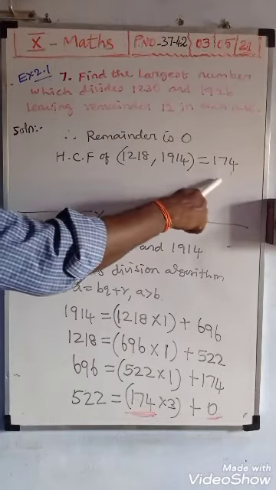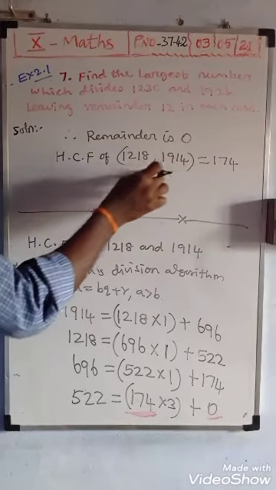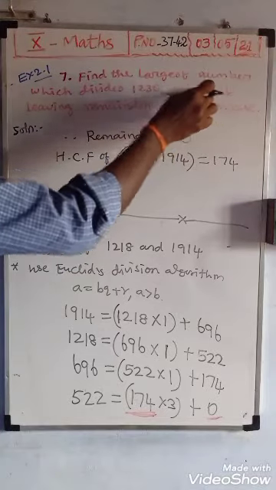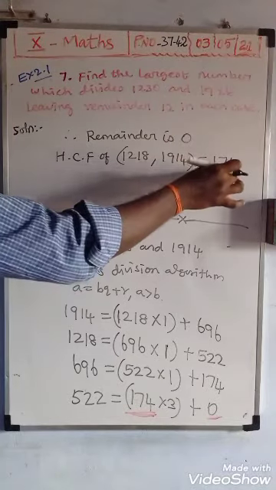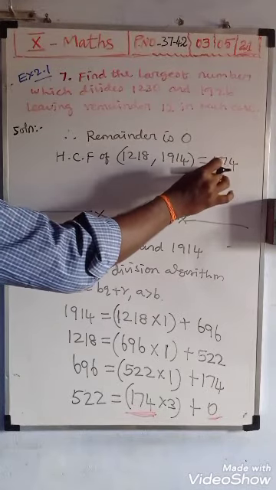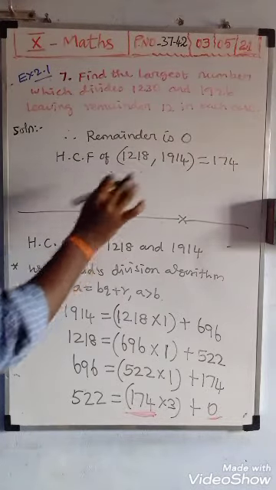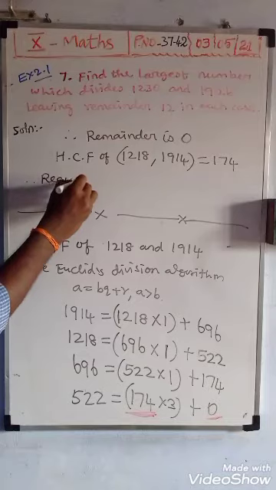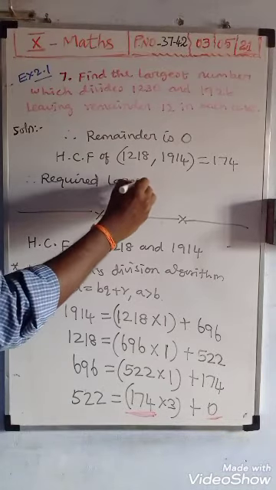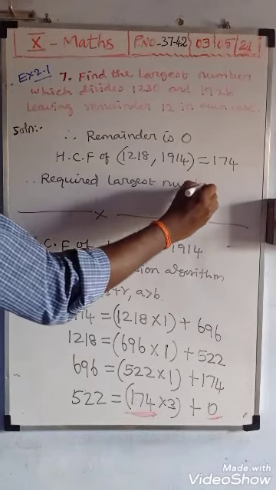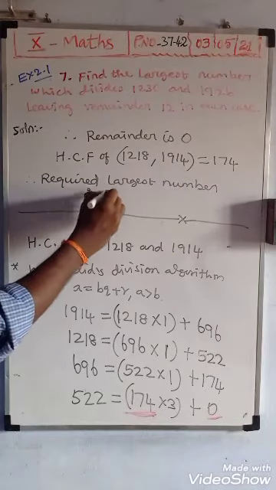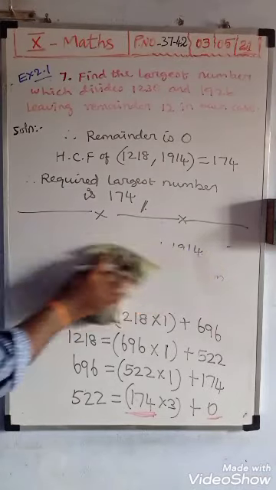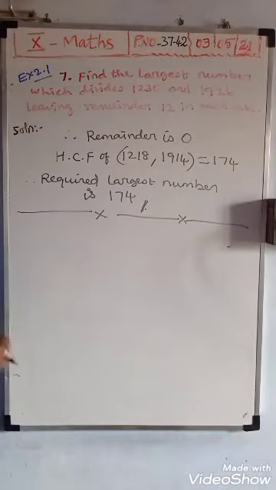This 174 is exactly divisible into these two numbers. You separate the remainder 12 in each case and get these two numbers. Of these two numbers, the largest number which divides them is 174. Therefore the required largest number is 174. Okay, this is the answer.